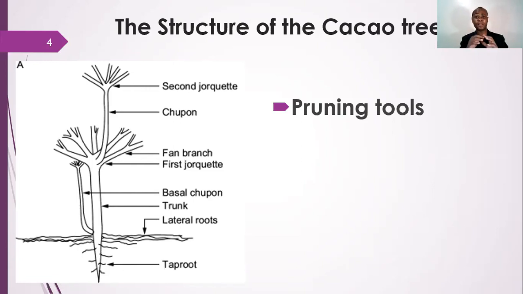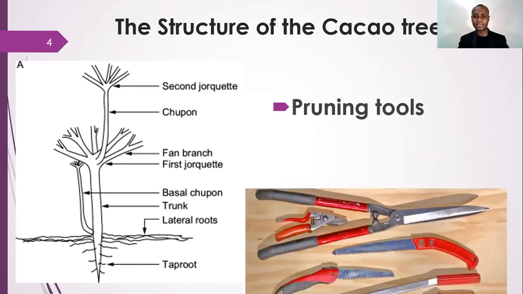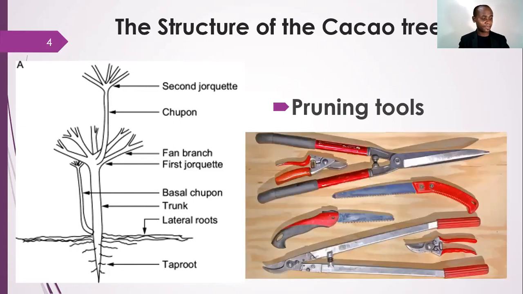In any case, 3 at most, but the most recommended is 2 stems maximum. But the best is a single stem, which means that you need to really train the trees very well. If you don't train the trees very well, your yield is going to be affected.